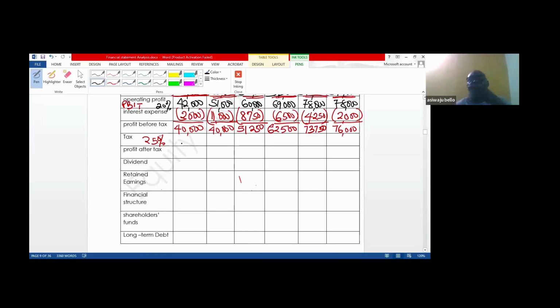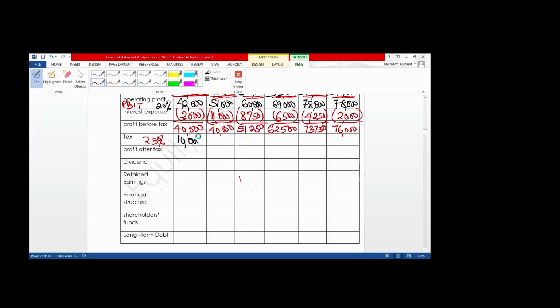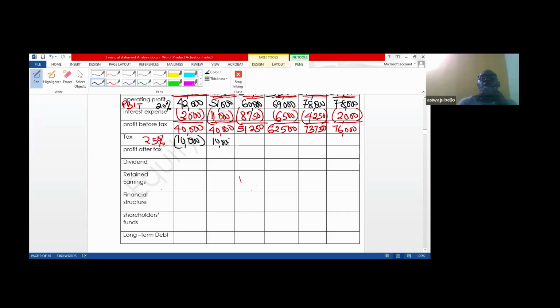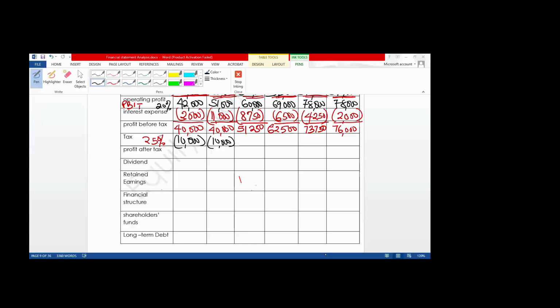Please compute 25% of 40,000. This should give us 10,000. Next, 12,813 approximately.